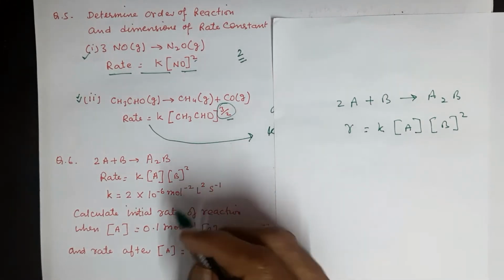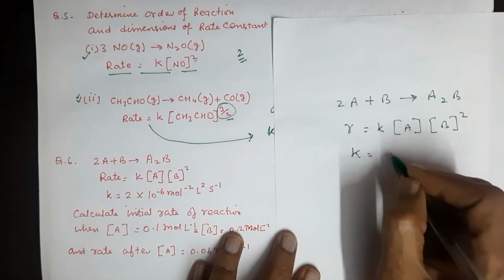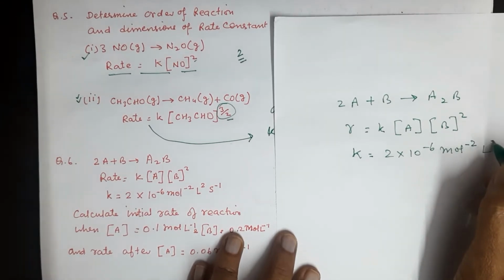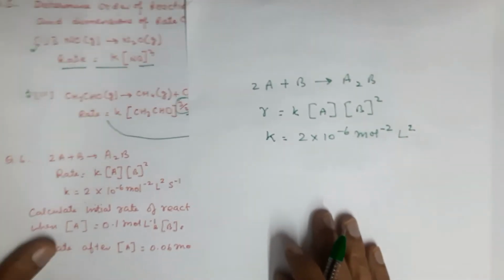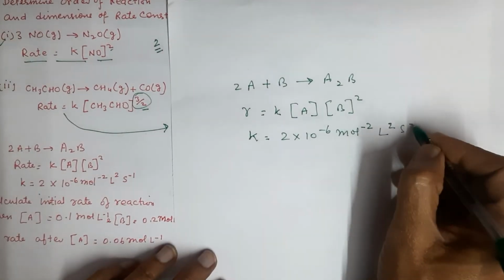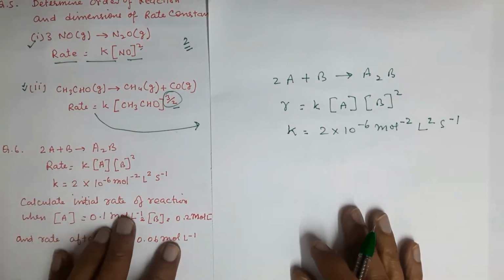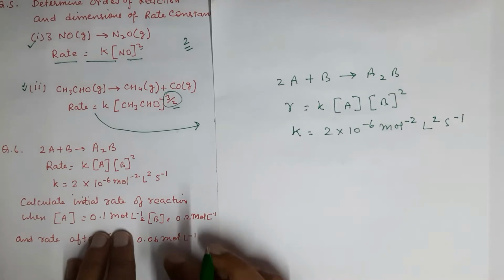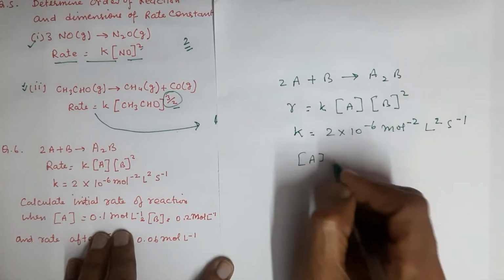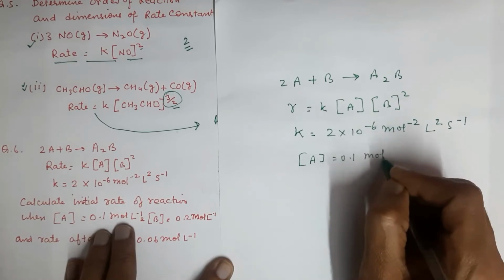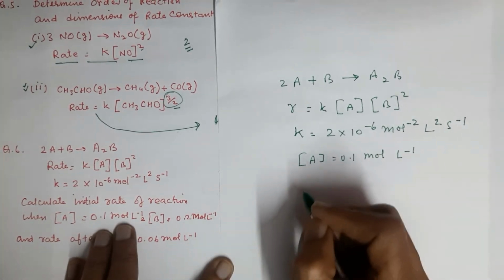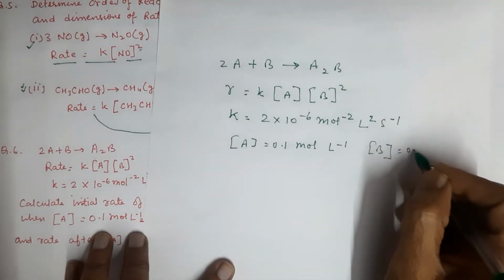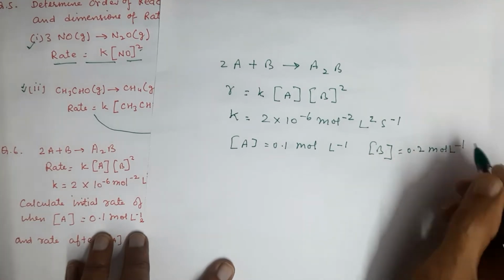We are given the value of K as 2 into 10 raised to the minus 6 mole liter 2, and we have to calculate the initial rate of reaction when A is equal to 0.1 mole per liter and B is initially 0.2 mole per liter.